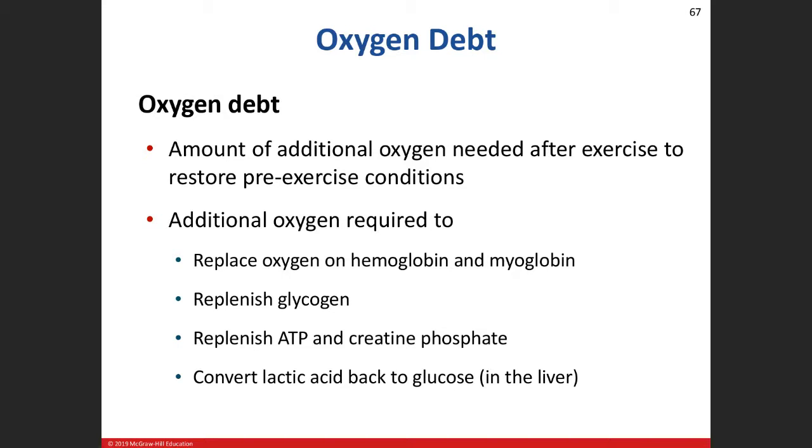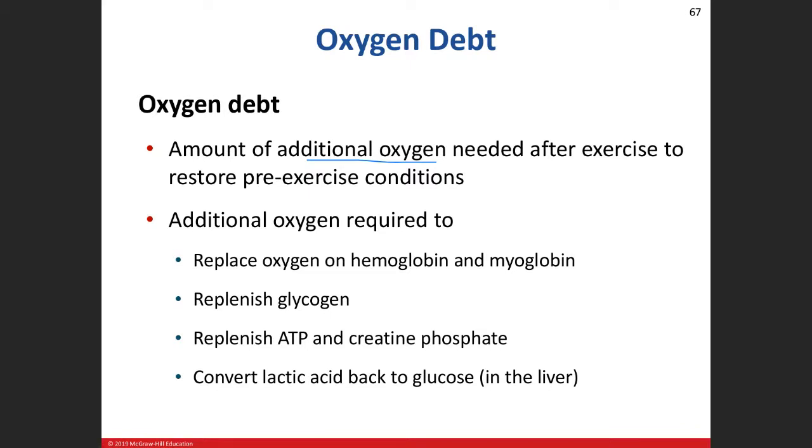Now you have two molecules in your body that like to carry oxygen. Hemoglobin in your blood and then myoglobin in the muscles. So this oxygen debt is basically how much oxygen you need, after you're done working out, to get your body back to how it was before you started working out. And during a workout, depending on what type of exercise you're doing, it's really important that you're utilizing your rest time.